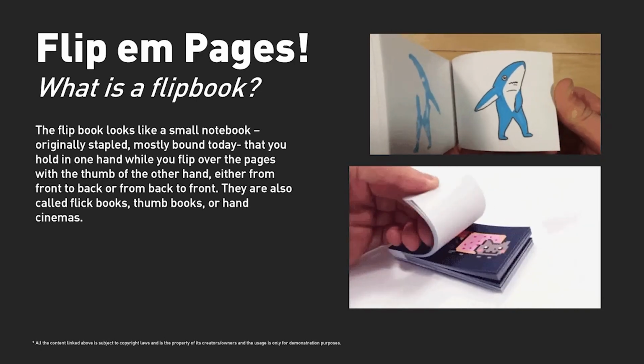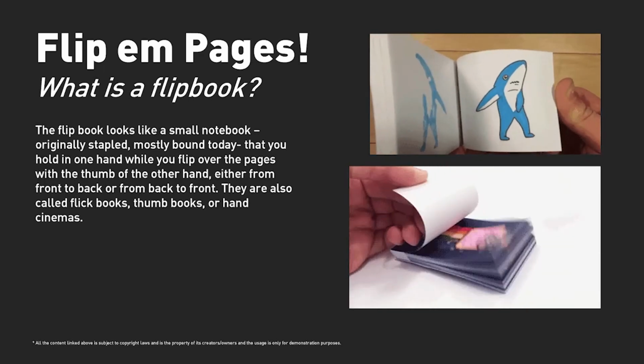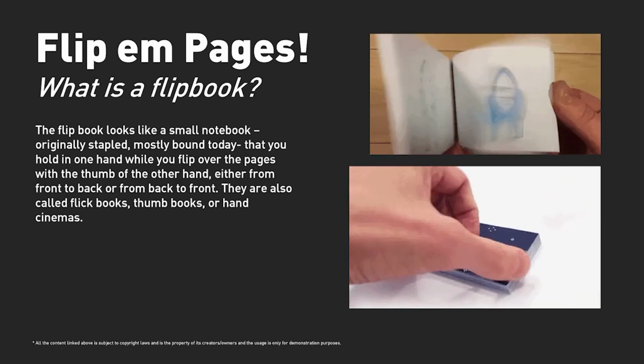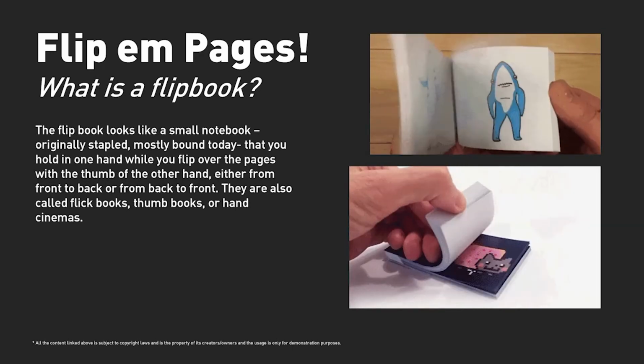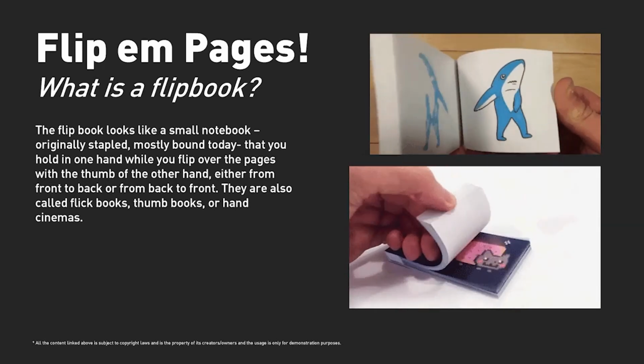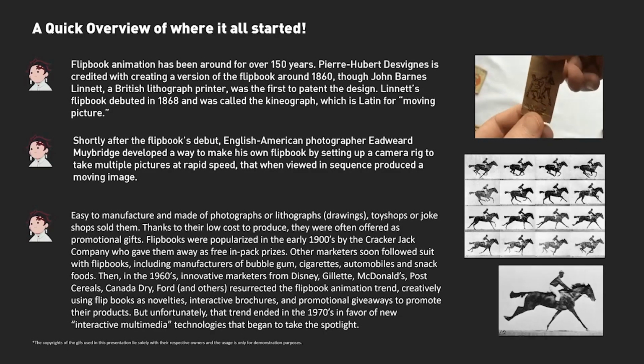As you can see in the examples here, there is a nice shark which is dancing. Now that we know what flipbook is, they're also called flick books or thumb books or hand cinemas.